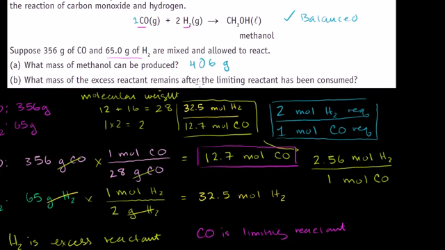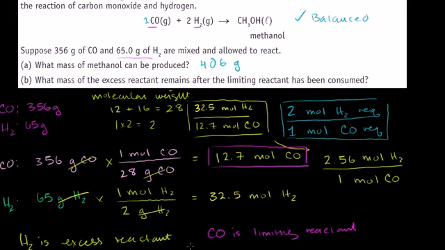Now, there's a couple of ways you can do this. The easiest way to think about it is that the mass has to be conserved. So we started off over here with, let me be careful, 356 grams of carbon monoxide and 65 grams of hydrogen, and we were able to produce 406 grams of methanol.